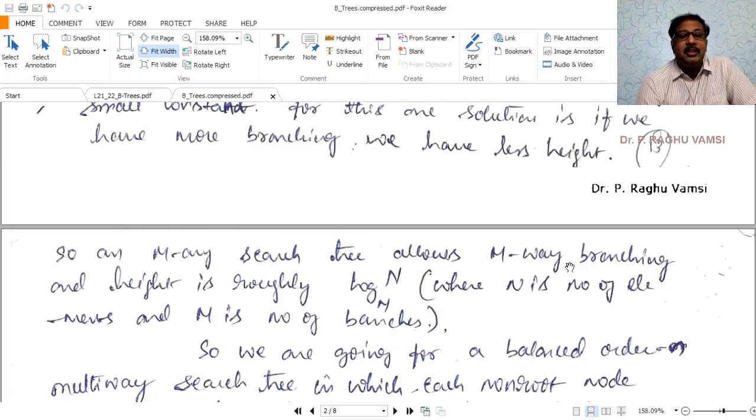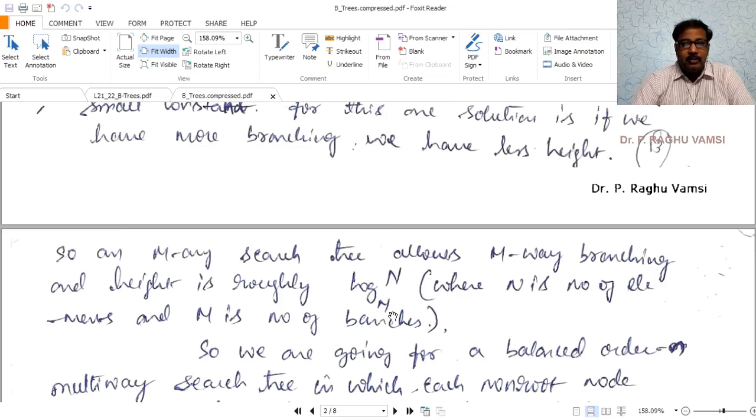In our example, we are discussing 10 million records. In log n to the base m, m is how many branches you make. If you make 512 branches, then it is log 10 million to the base 512. If you make 256 branches, it is log n to the base 256, where n is the number of elements and m is the number of branches.